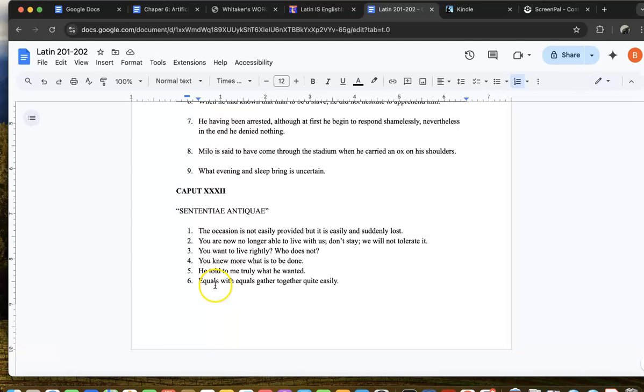So instead of saying equals with equals are being gathered together quite easily, we can just, I think, in more idiomatic American English in the 21st century, say equals with equals gather together quite easily. So I'll put that are being, just so you can see the side by side.